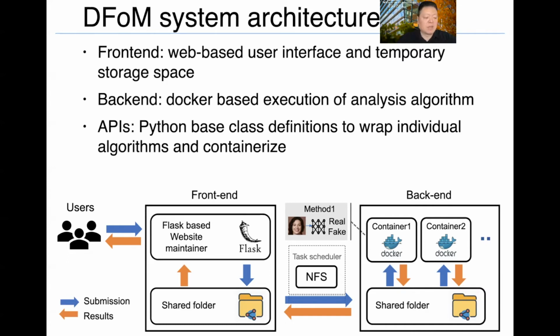In between the front end and the back end, there is a task scheduler, which continuously checks the task queue and moves tasks to the back end for running based on priority. And also, whenever the analysis results are ready, the task scheduler will move them back to the front end. So the front end and back end share the same storage space through an NFS file system. Okay.